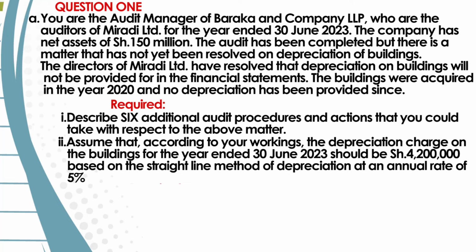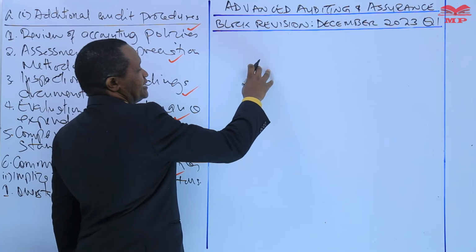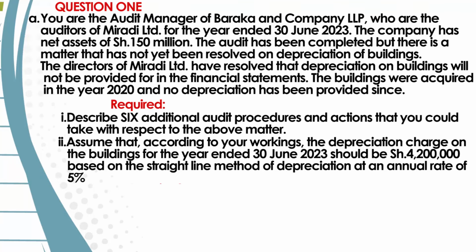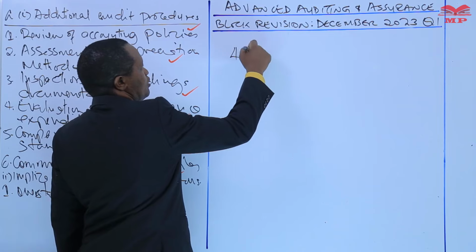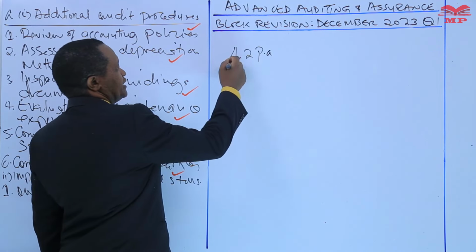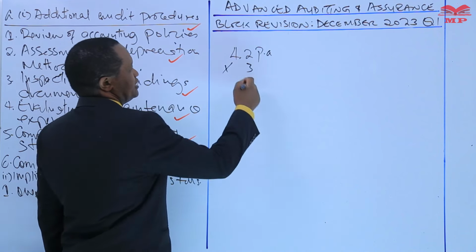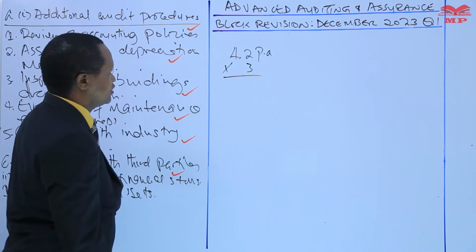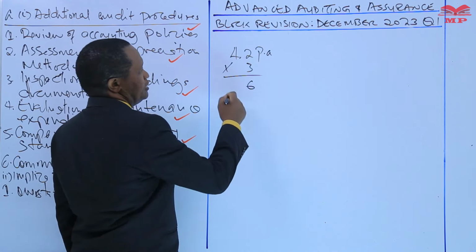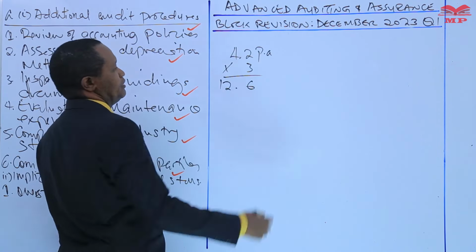If this company has not been providing for depreciation for the last 3 years, and we have read in note number 2 that the depreciation charge, the auditor may have carried out, is 4.2 million per annum, then you can see, candidates, the accumulated depreciation is 12.6 million.